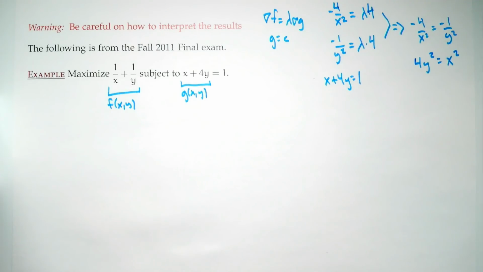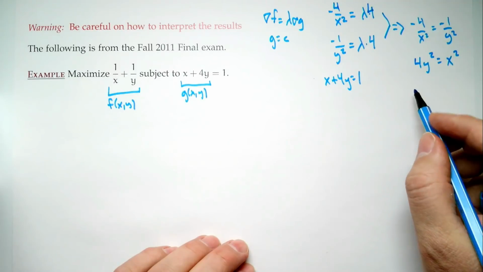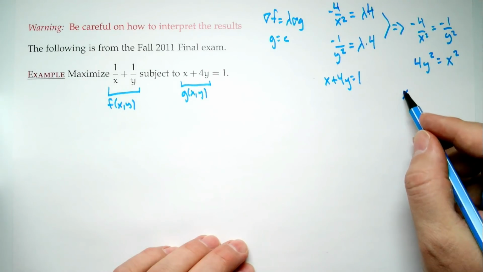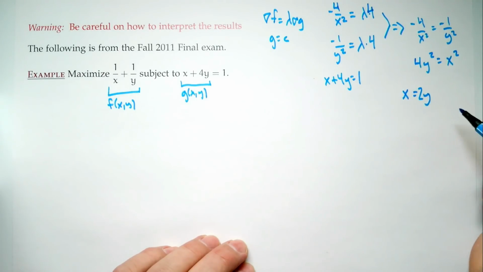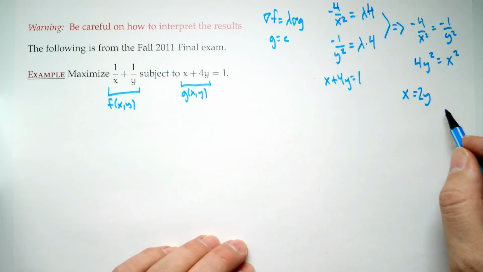So what does that tell us about the relationship between x and y? So taking the square root of both sides, x equals 2y. That's the value.